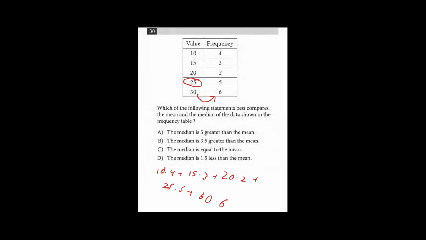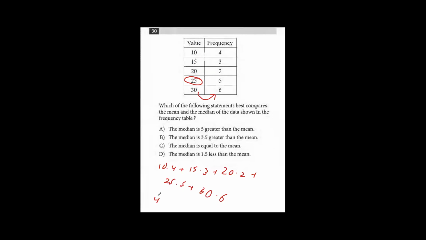That gets us 430. And then we have to divide that by the total number, 6 plus 5 plus 2 plus 3 plus 4, which is 20. So 430 divided by 20 is equal to 21.5. So in this case, the mean is 21.5 and the median is 25.